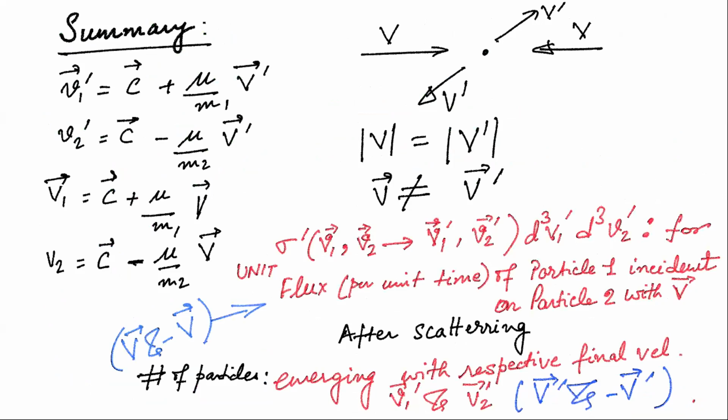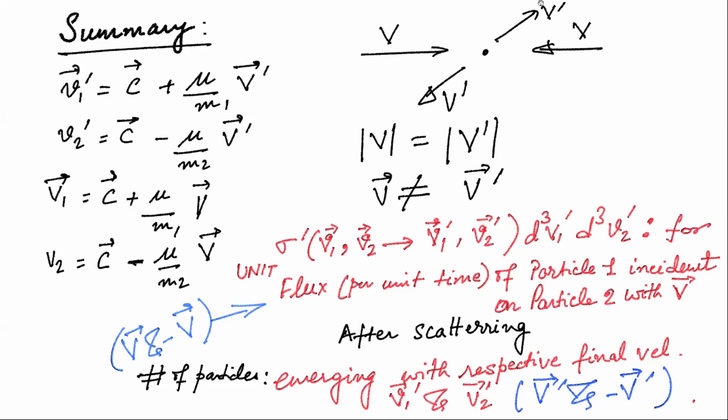So with respect to the center of mass, which is moving, if you want to write V1 dash, it can similarly be written as the center of mass velocity c plus mu by m1 V dash, where V dash is the vector giving the relative velocity between the two particles after the collision.